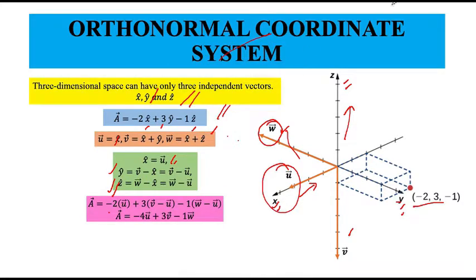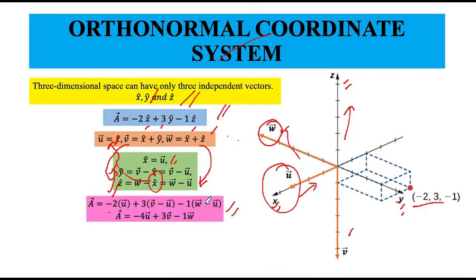A is minus 2 u vector plus 3 v minus u minus 1 w minus u. I am getting y from this equation and z from this equation. X is equal to u. So this is how I got vector A, which is minus 4u plus 3v minus 1w.